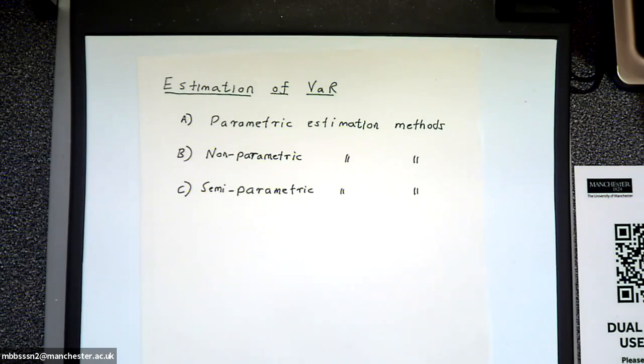Okay. Right. So last week we talked about value at risk and expected shortfall, the two financial risk measures.